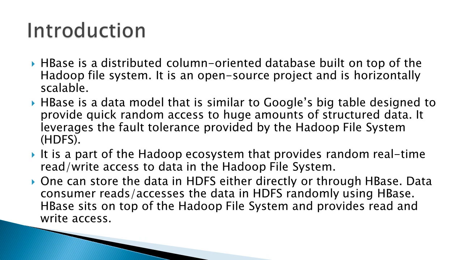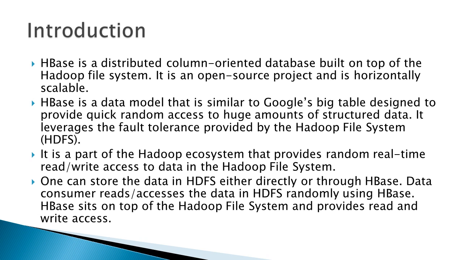So basically HBase is a column oriented database and we can scale it horizontally. It is in the Hadoop file system. It is very useful. It is a part of the Hadoop ecosystem also, and one can store the data in HDFS either directly or through HBase.